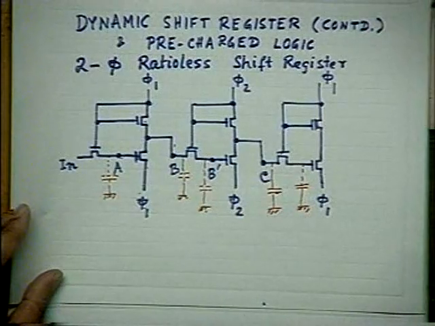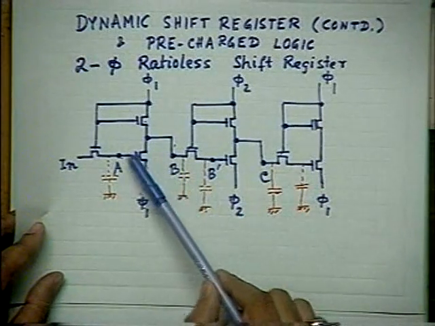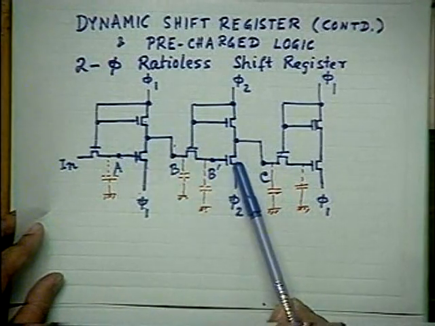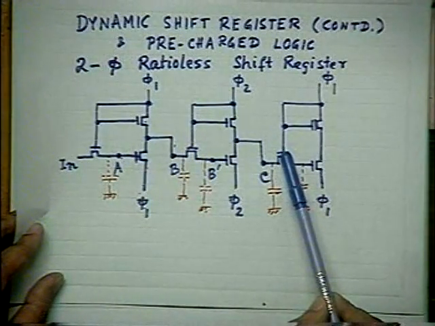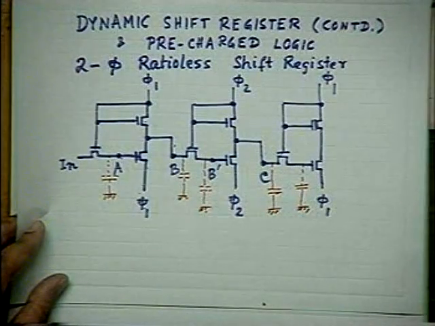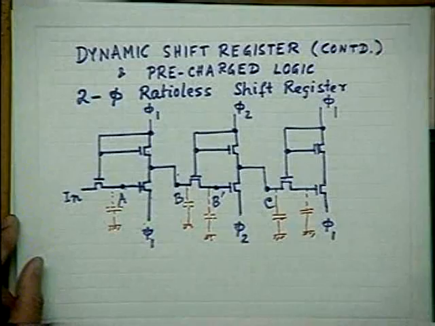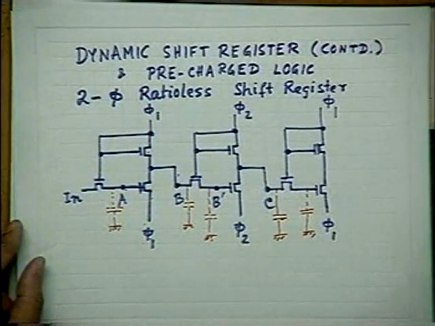So what do I have to do for that? I have to make this transistor much bigger than this transistor. Again the same problem. But anyway, one can show here that you don't have to maintain that high a ratio in this case.